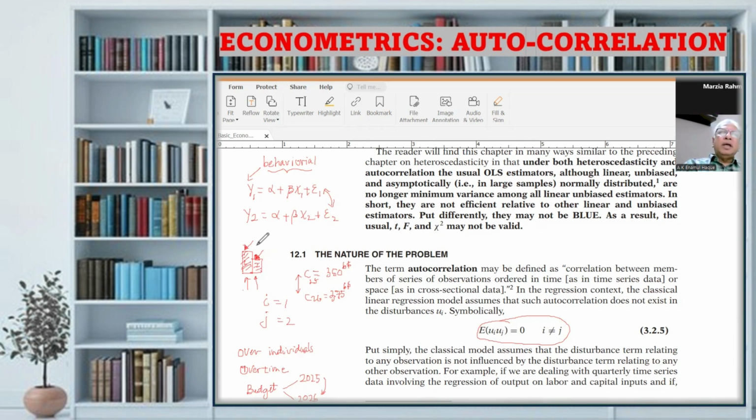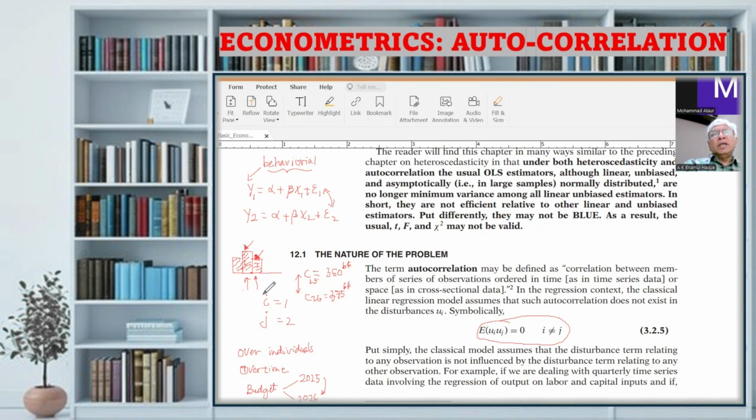Or think another way. If I'm living in a neighborhood, and I'm looking at a richer neighborhood, do you think my neighbor is also probably rich? Similar people live in a similar area. So there is also a possibility of correlation between two observations, because if I take my first sample, who is a rich person, my second sample may also be a richer person, because I'm doing a survey in the Gulshan area, for example.